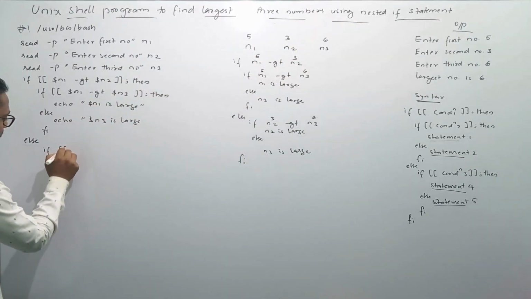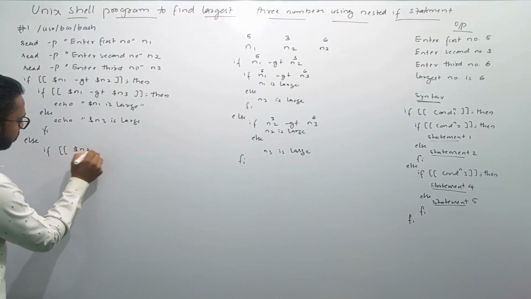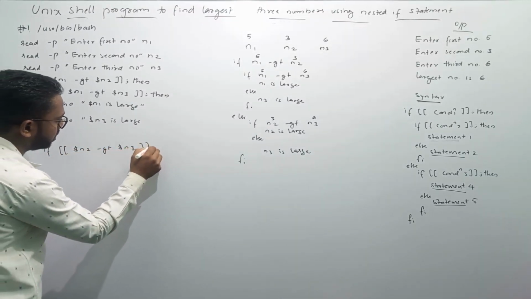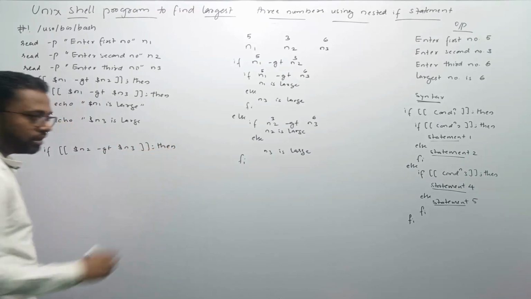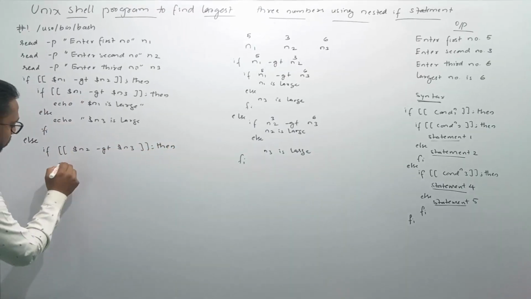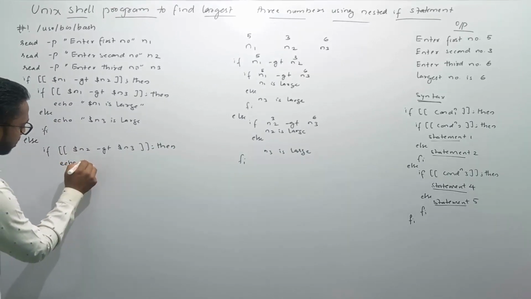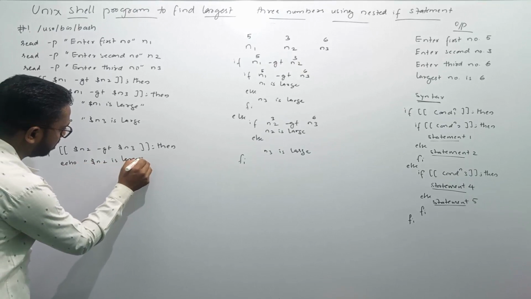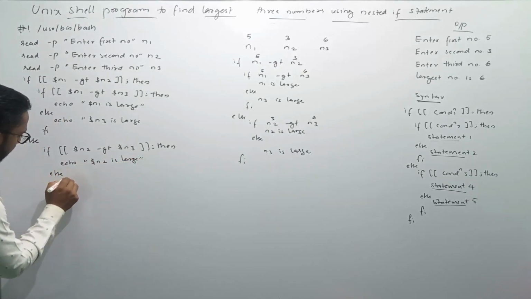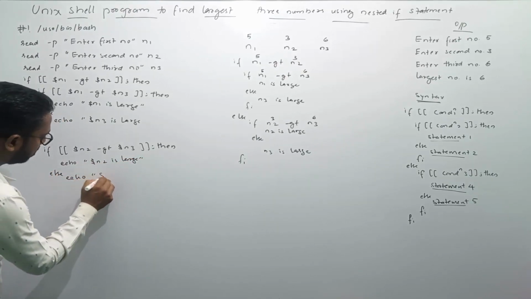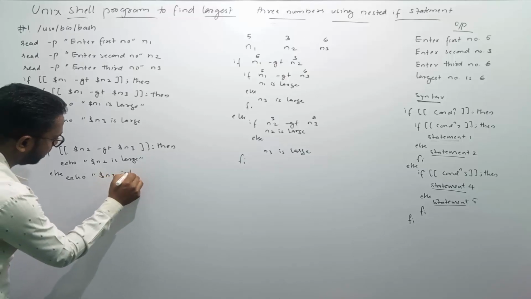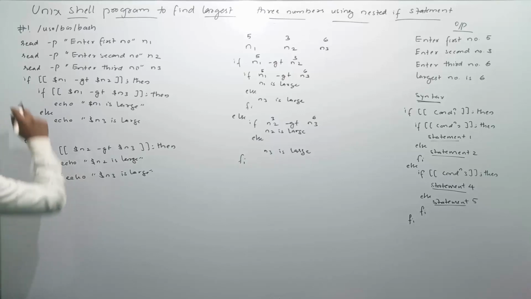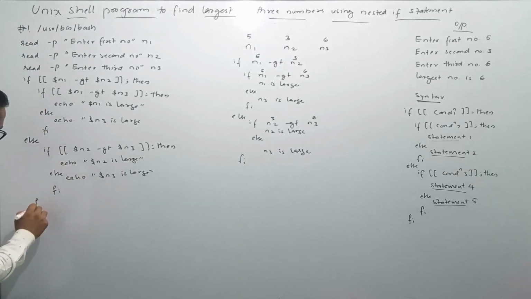If 2 open square brackets $n2 greater than $n3 semicolon then, if this condition becomes true, then I will print echo "$n2 is large", else echo "$n3 is large". This if gets closed, and now I need to close this first if.